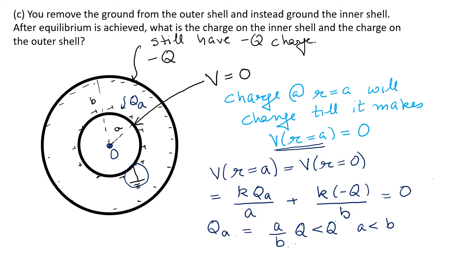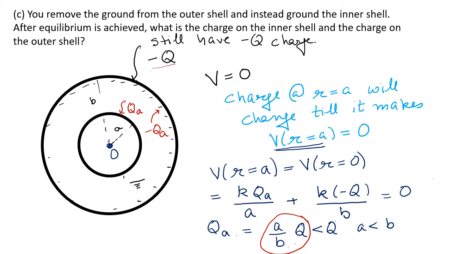So how would the charge be distributed? We would have a charge of QA given by this expression, uniformly distributed on the outside surface, and then this charge QA is going to only attract minus QA on the inner surface.